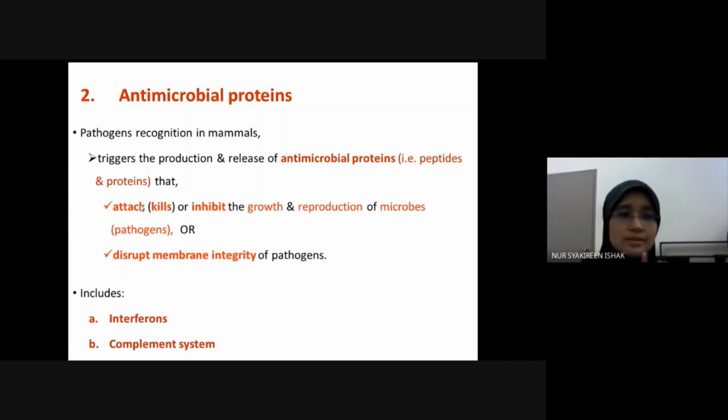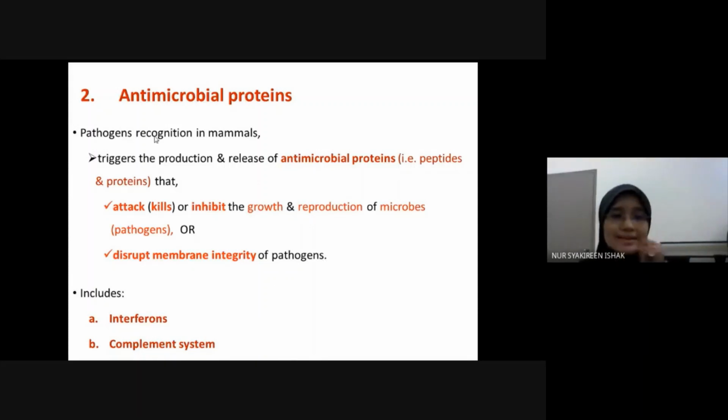So dia ada 2 cara. Okay, satu dia akan inhibit your body cells from being infected by pathogen. Ada mechanism dia, kita akan tengok sekejap lagi. And then lagi satu adalah it forms pores, okay, at the surface of the pathogen cell membrane and causes the membrane of the pathogen cells to lyse, okay.